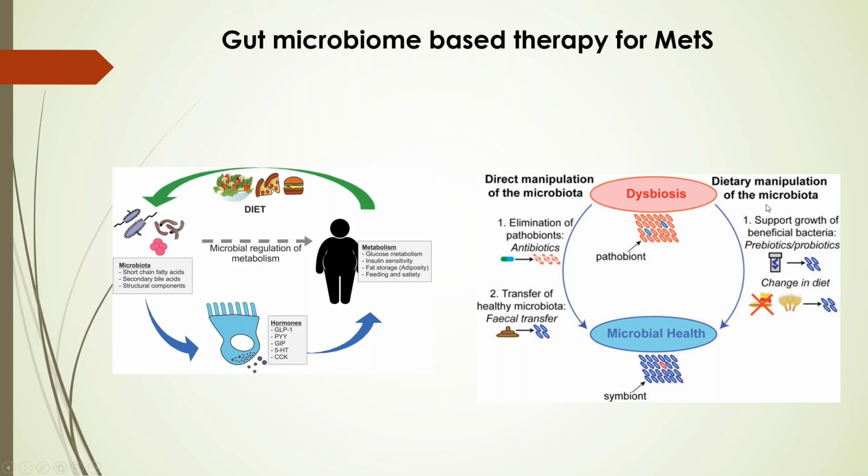The other way is by dietary manipulation of the microbiome. So you give prebiotics or probiotics. What is a prebiotic? A prebiotic is anything you give which acts as food for your good bacteria. It may be high fiber or other things, and a probiotic is the good bacteria itself. Those good bacteria capsules come and you can take them.